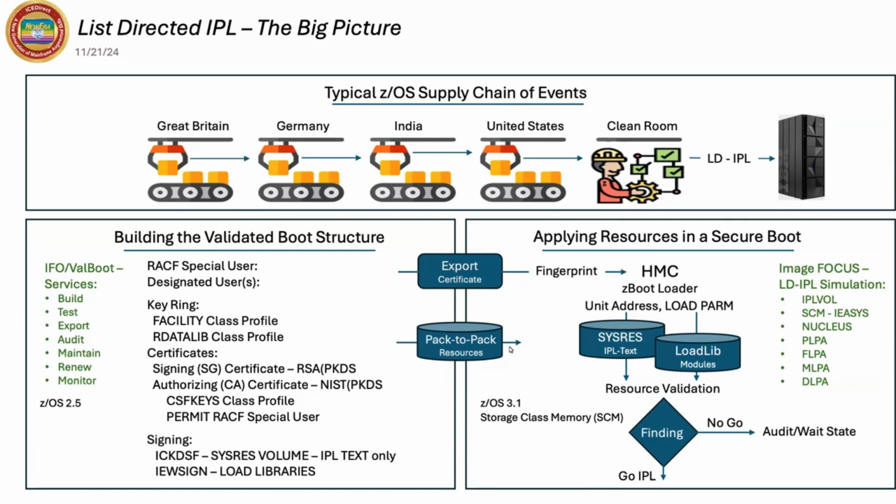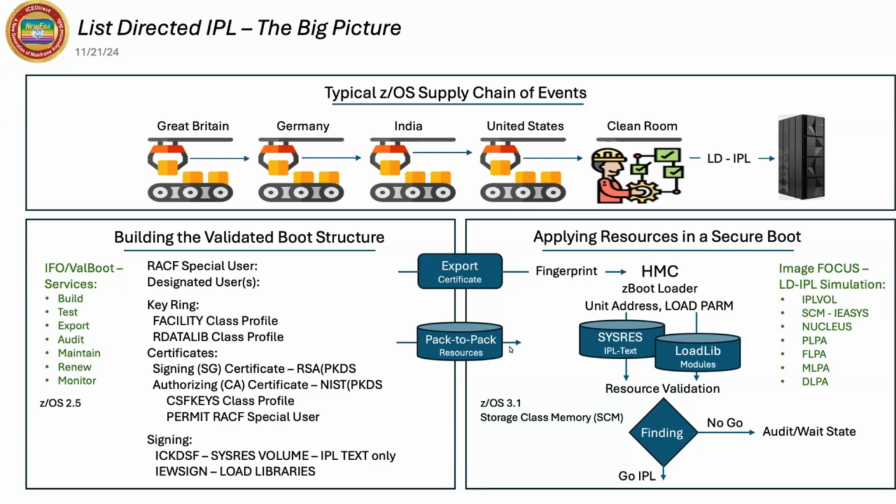It's in this last mile, if you would, that potential for disruption or perhaps for malfeasance is sometimes assumed to take place. The whole purpose of a list-directed IPL is to harden that step, to make that clean room, if you would, an environment that we could think of as a zero trust environment, where only individuals who have the need to and the right to make those modifications are actually doing their work.